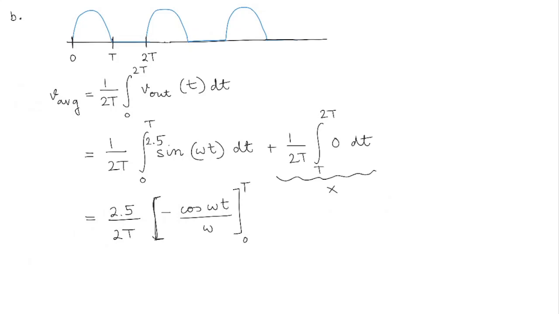All right, so let's substitute the values, and what do we get? We get 2.5 divided by 2t, times minus cos omega t divided by omega, minus minus cos omega times 0 divided by omega.